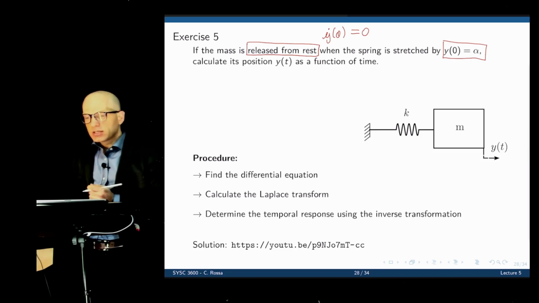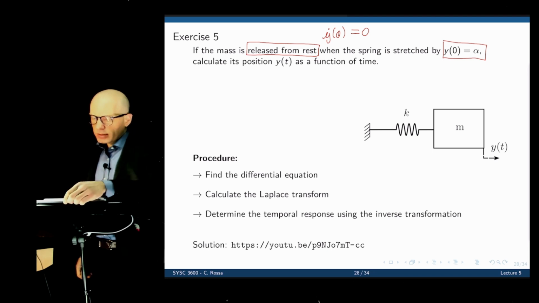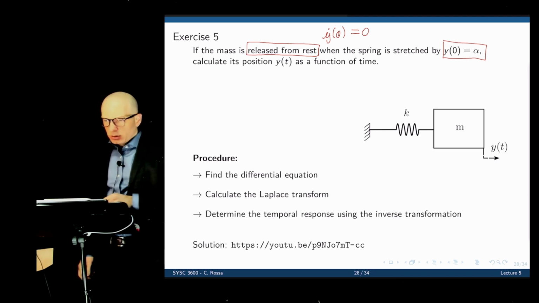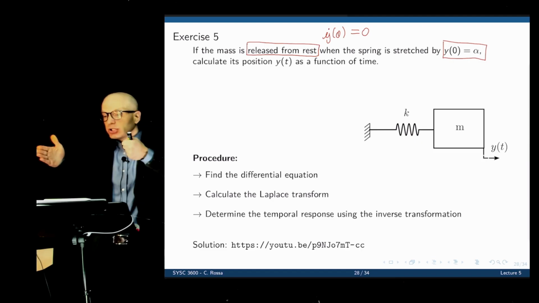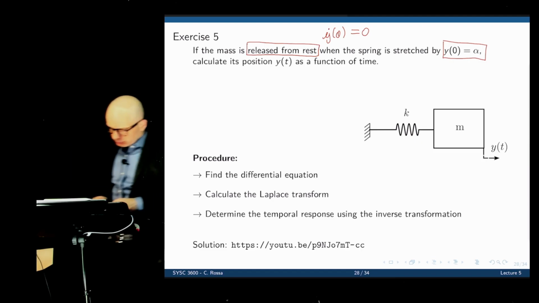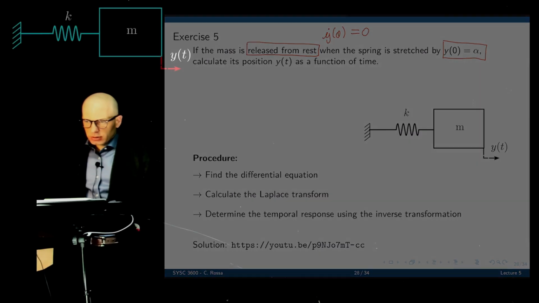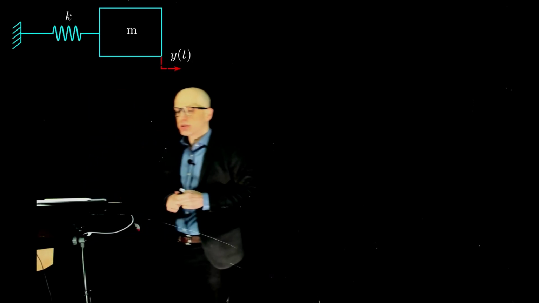The spring is stretched by alpha units when time is 0, and then we basically are stretching the mass and just letting it go. I want to calculate the response of that system. So let's do that. Here is the mass spring damper system.